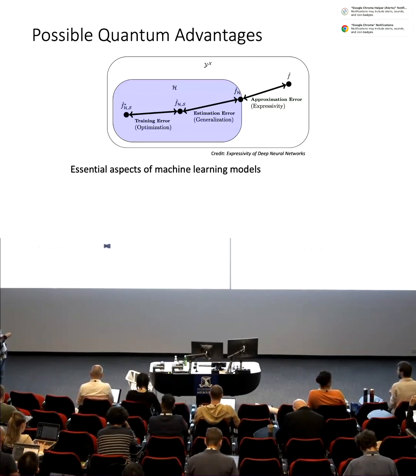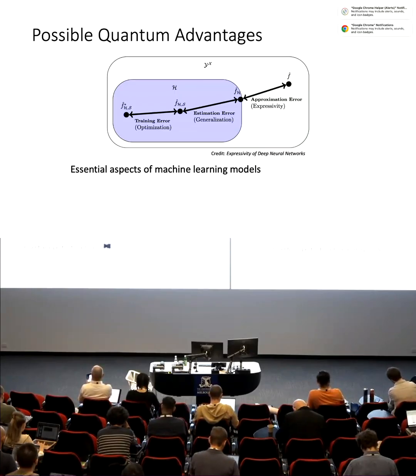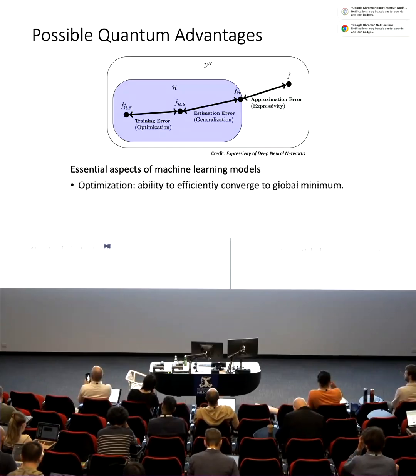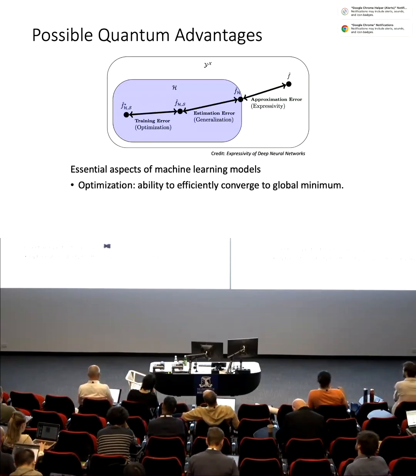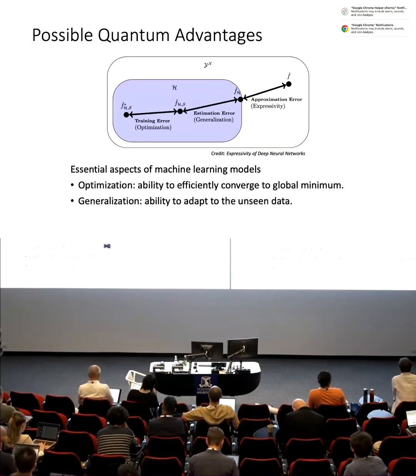When we have such an algorithm, we can divide the errors into three parts. The first is the training part, corresponding to optimization, which characterizes the ability to efficiently converge to the global minimum. The second is the estimation error, corresponding to the generalization ability of the model to adapt to unseen data.